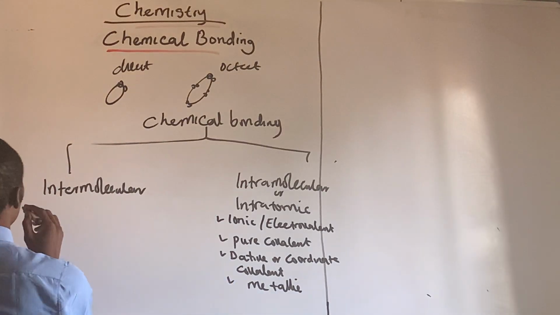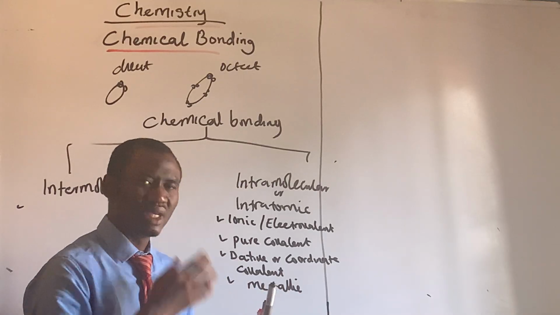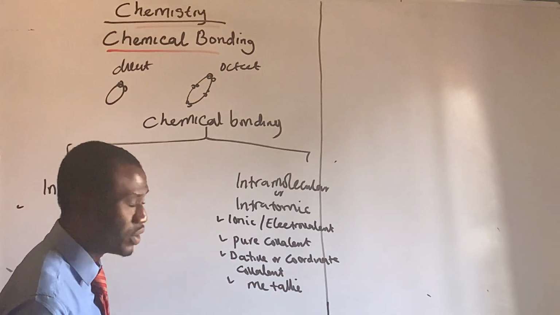At the side, we have number 1, the weakest force, which is known as Van der Waals force. There are 2 Van der Waals forces which I will list for you.